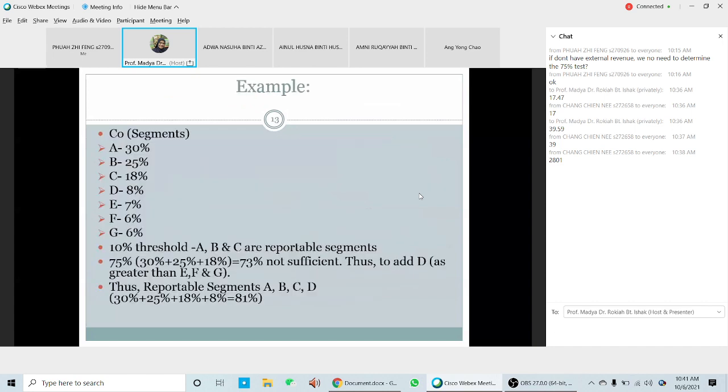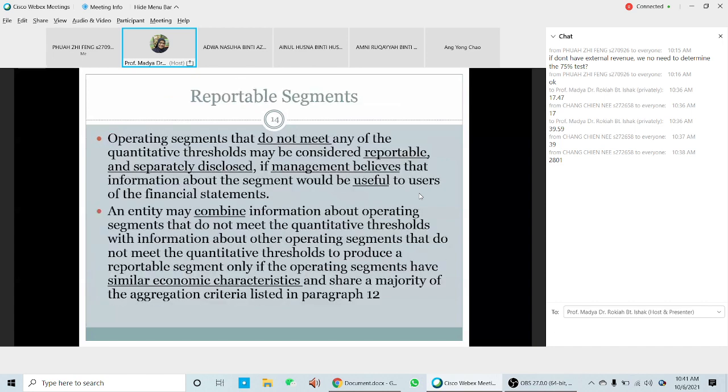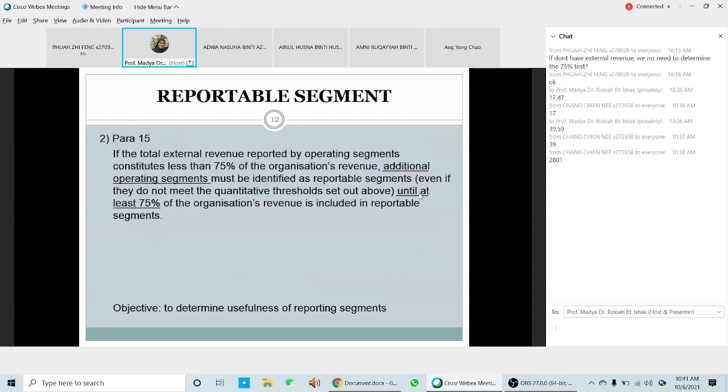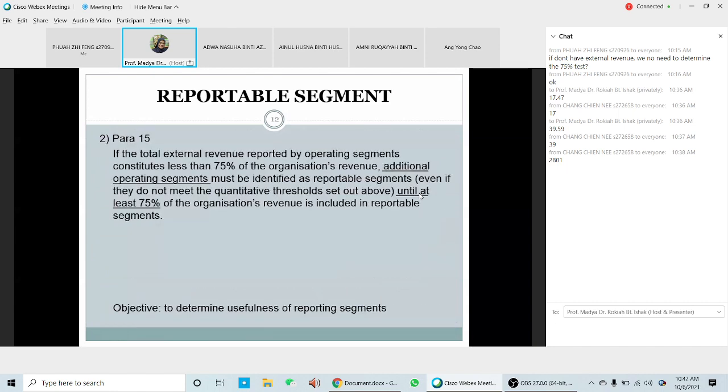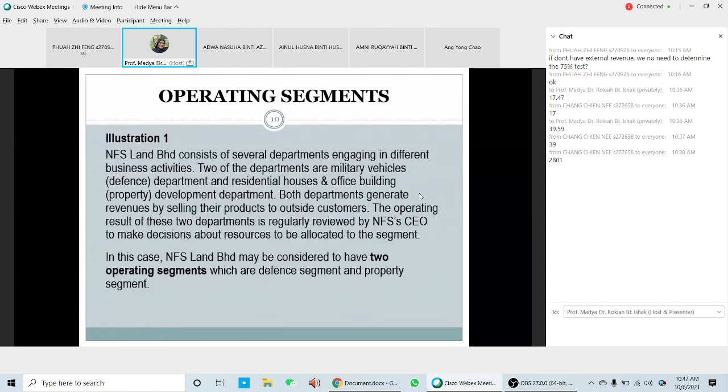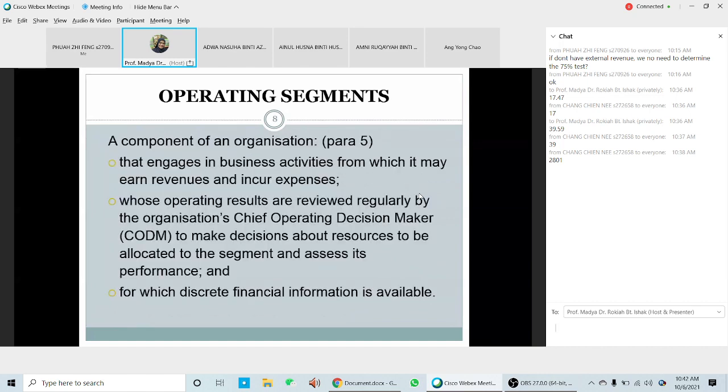So this one is the international. The tests here are the 10% test and also the 75% check for the external revenue. So also important. Those are the things that you need to know.